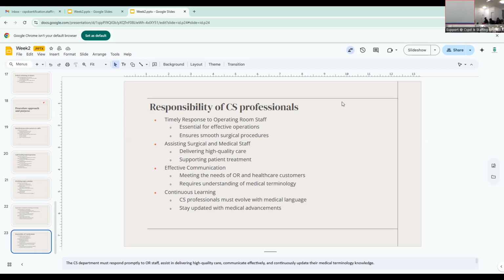Then another prefix is para, P-A-R-A. That is beside or near. So if you see para something, it is beside, or near.